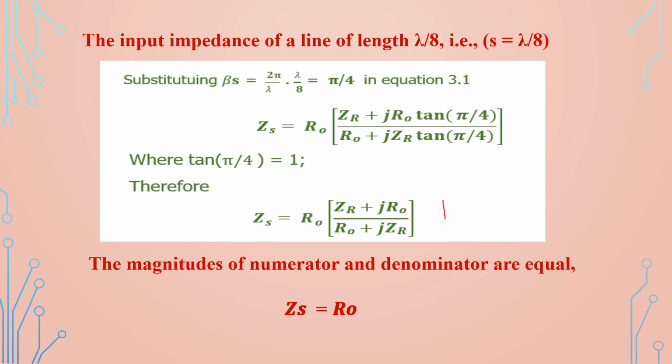The magnitude of the numerator is going to be square root of Zr square plus R0 square. In the same way, the magnitude of the denominator is also square root of Zr square plus R0 square. So both cancel each other, and what you get is Zs is equal to R0. Correct?